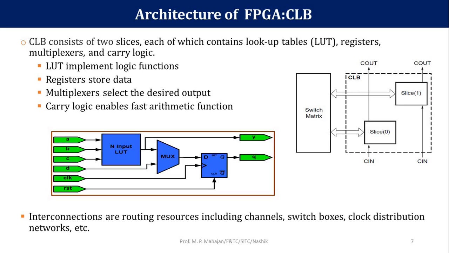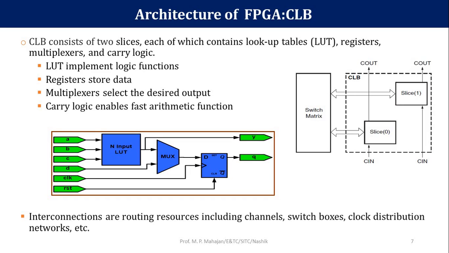The lookup table inside the slice is used to implement logic functions, and registers are used to store the data. Multiplexers are used to select the desired output, and carry logic is enabled for fast arithmetic operations.